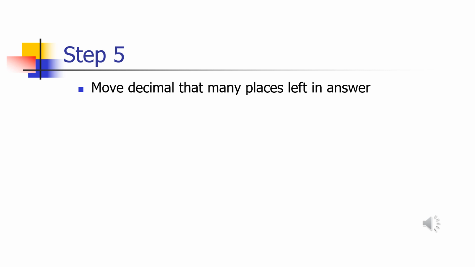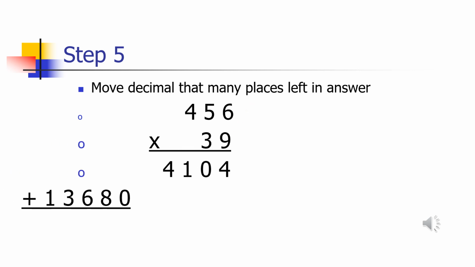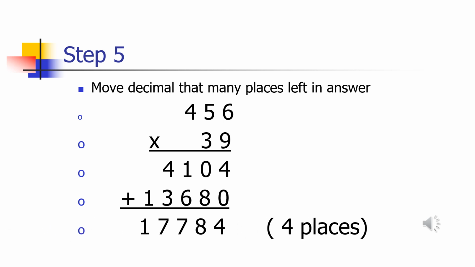Step 5, move the decimal that many places left in the answer. From the previous 456 times 39, we have 4 decimal places.